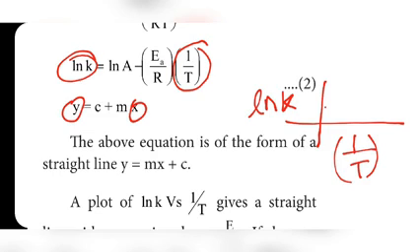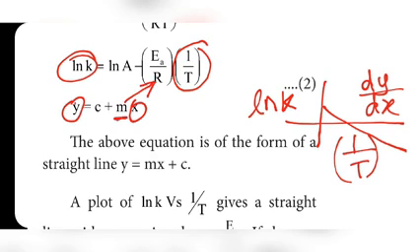If you plot ln k against 1 by T, we will get a straight line. For that straight line we can take the slope by using the formula dy by dx. That slope, usually represented by m, is equal to minus Ea by R.